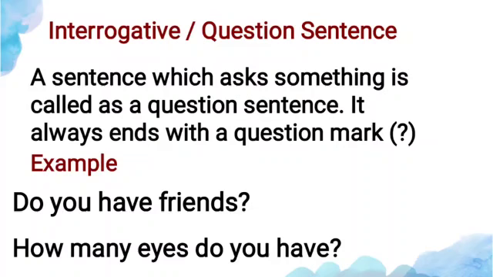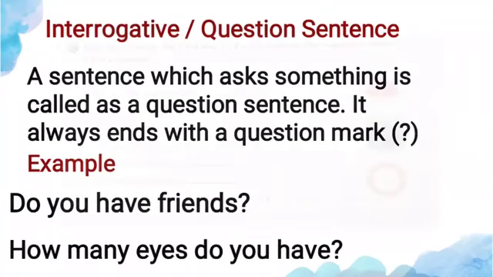For example, do you have friends? Now, this statement is asking us whether you have friends or not. So we'll put a question mark at the end. Next example, how many eyes do you have? Again, it's asking the number of eyes you have. Again, we'll put a question mark at the end.